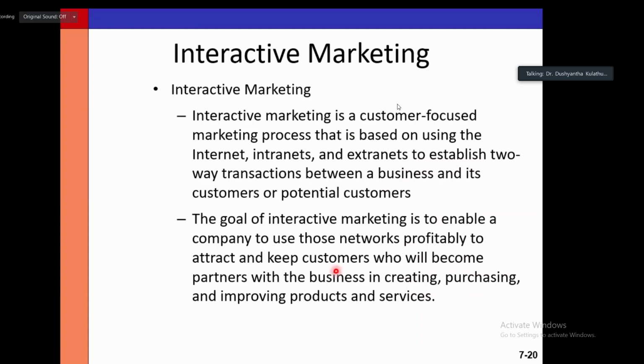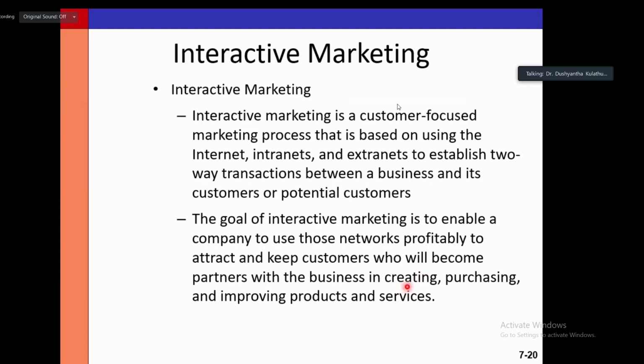By using the networks for interactive marketing activities, organizations can establish direct linkages with customers and get customers involved in creating products.